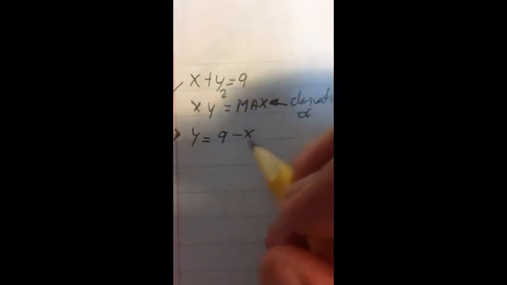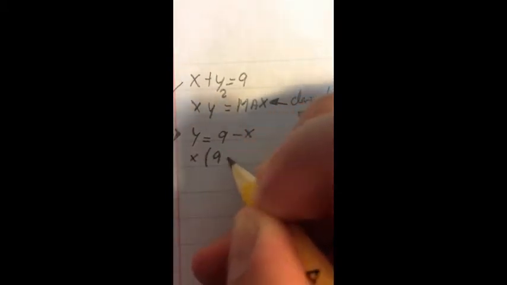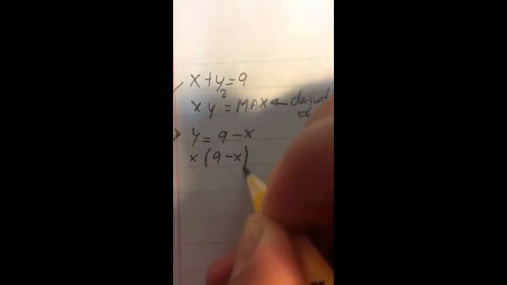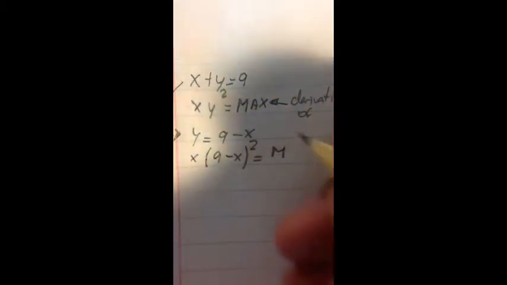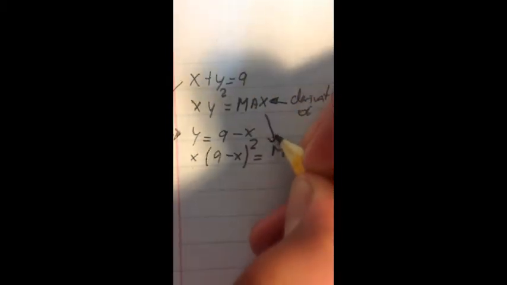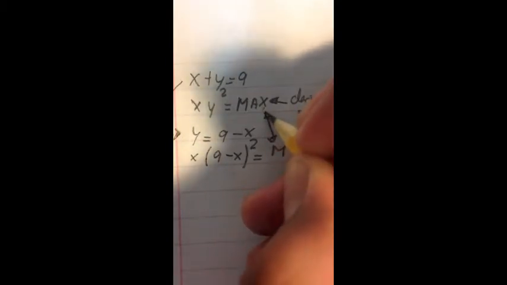Okay, so x times (9 minus x) all squared equals m, which is max, just to shorten it.